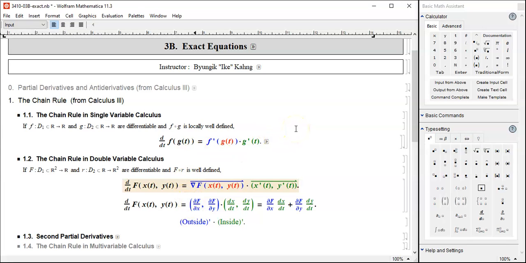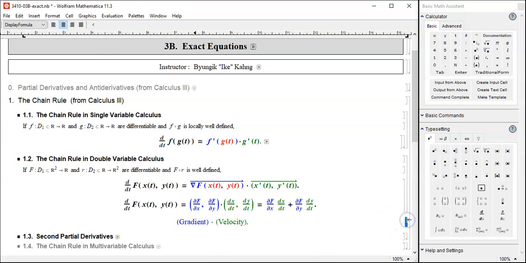By the way, pairing up partial derivatives, what kind of vector is it? There's a name. It's called the gradient. It's a gradient vector. How about the inside? It is the velocity vector.